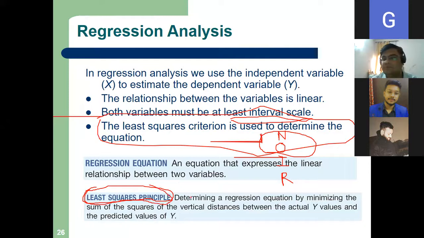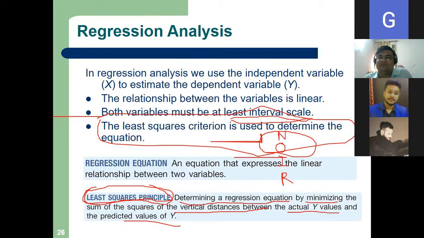It is the principle of determining a regression equation by minimizing the sum of the squares of the vertical distances, the distances I was showing you, between whom? The actual y and the predicted y. Is it clear?